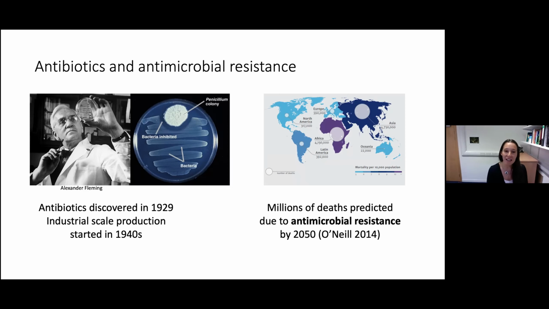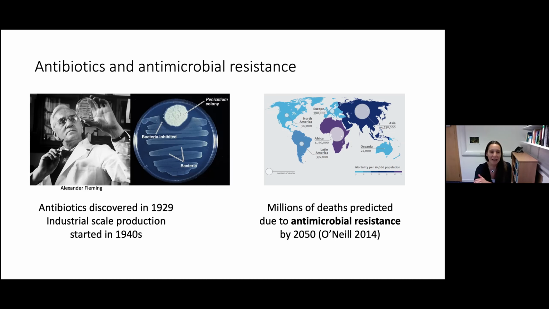And if nothing is done, the rising resistance will cause about 10 million deaths, at about $100 trillion cost in fighting multi-drug resistance around the world. So it's a major health threat, one of the primary targets to fight against.